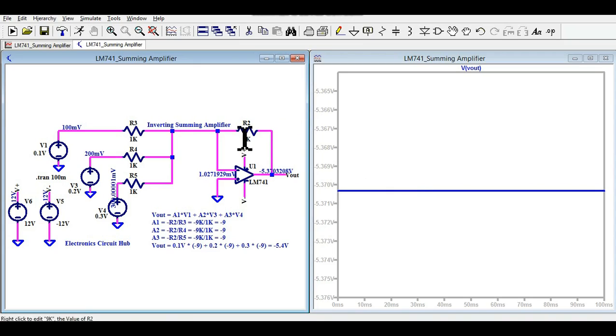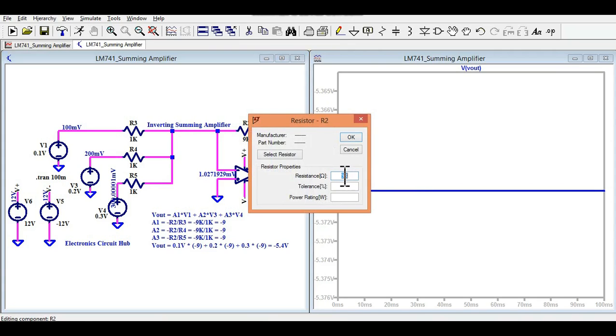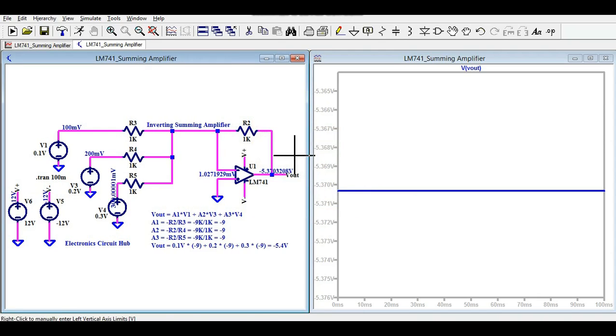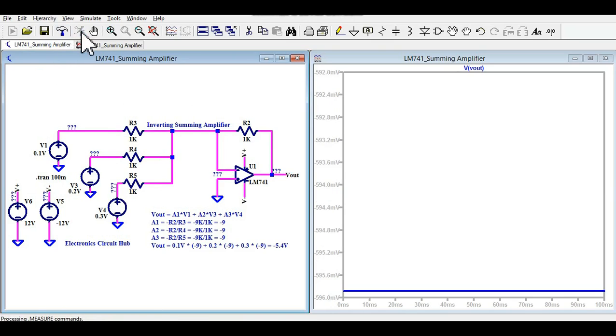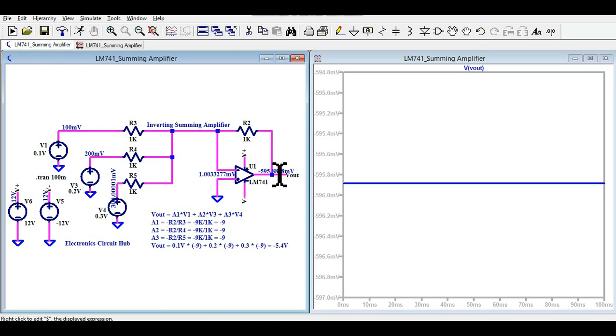Okay, now let me change this resistance value and let's see what happens. Now you can see your feedback resistor and your input resistor are the same. Now let me run the simulation again. So again you see the gain is 1, so in this case A1, A2, A3 are minus 1, right?